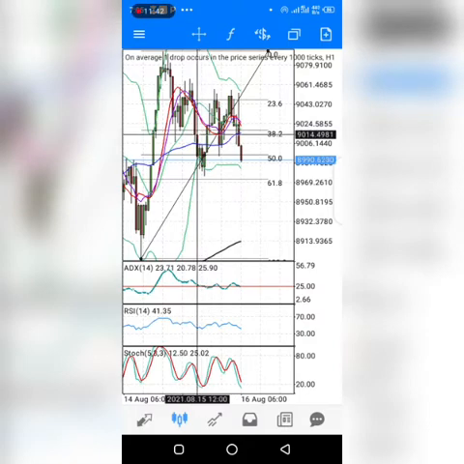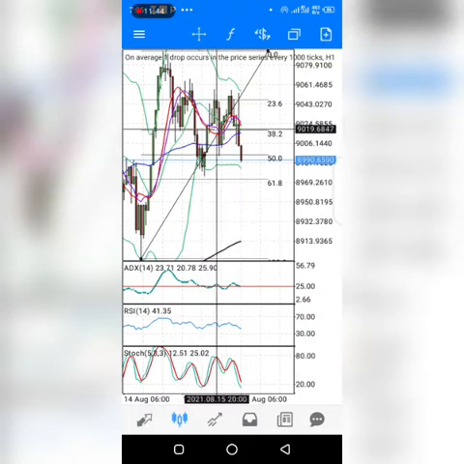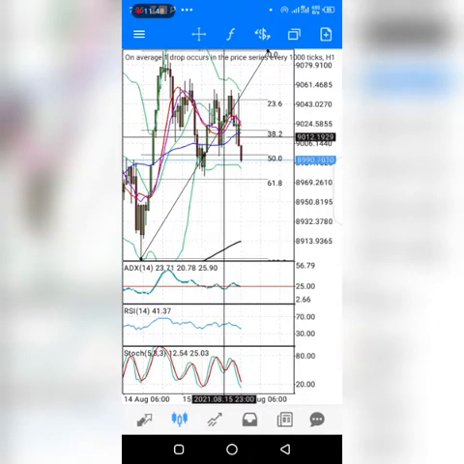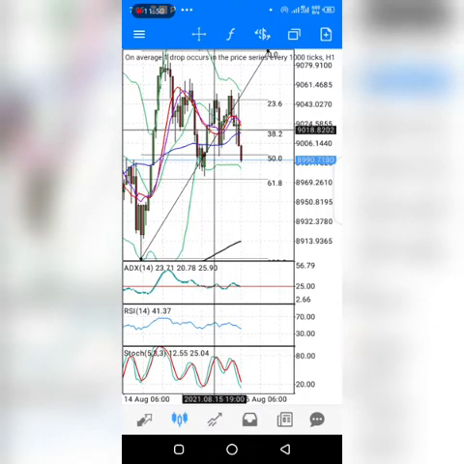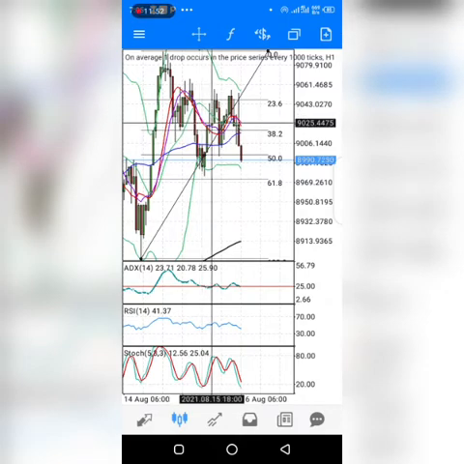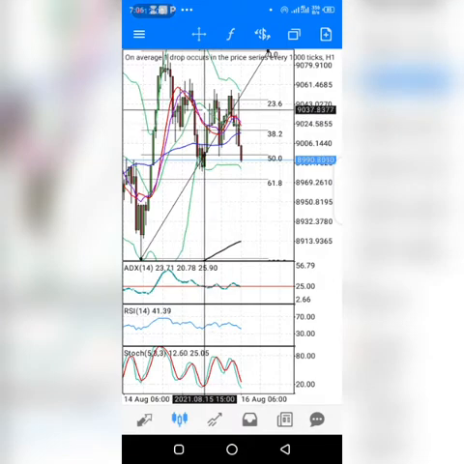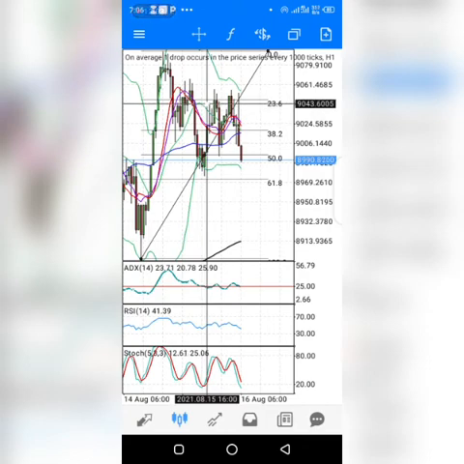But as you can see, the buyers were able to beat out from this 38.2 mark. So on seeing it beating out, what happened? Someone can decide to take a trade from the particular spot at which it was beat out and stop at this very moment. As you can see what happened here.